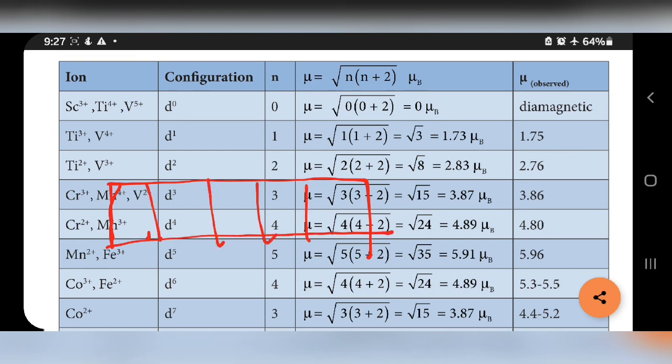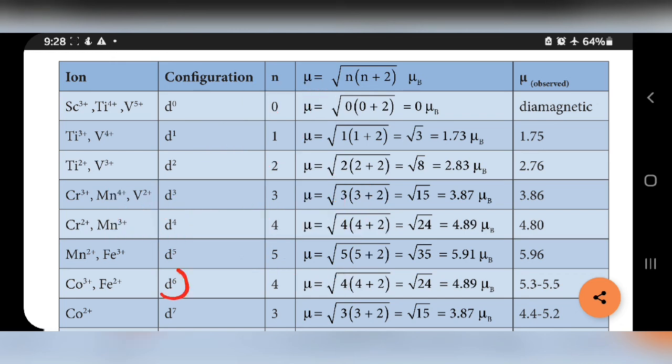If the d orbital contains 6 electrons, that is 1, 2, 3, 4, 5 and 6. So this is the D6 configuration. So now it contains 4 unpaired electrons, 1, 2, 3, 4, totally 4 unpaired electrons for D6.